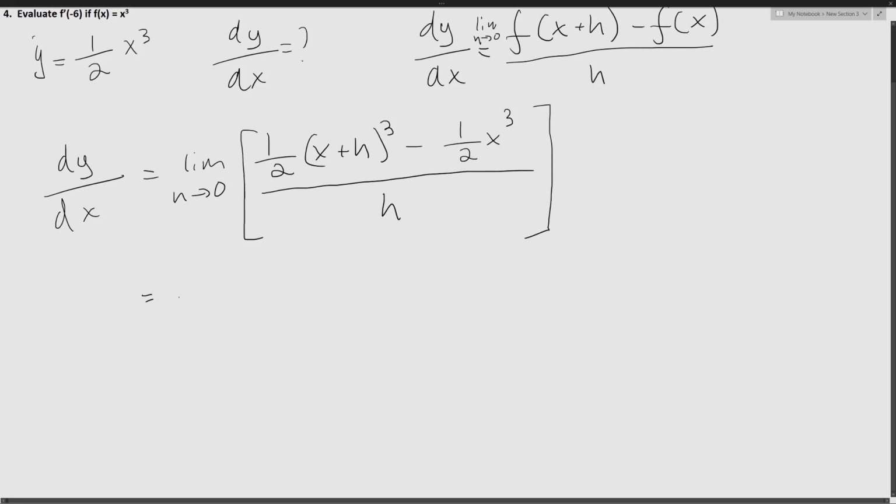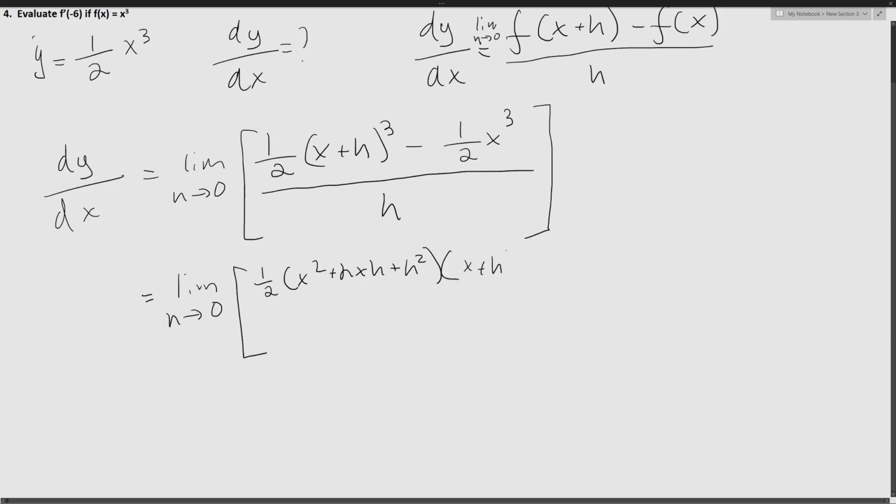So let's continue. So the limit as h approaches 0, we can try and open up the brackets. So we would get 1 over 2 times x squared plus 2xh plus h to the power of 2. If you know the formula for cubes, you could easily use that.